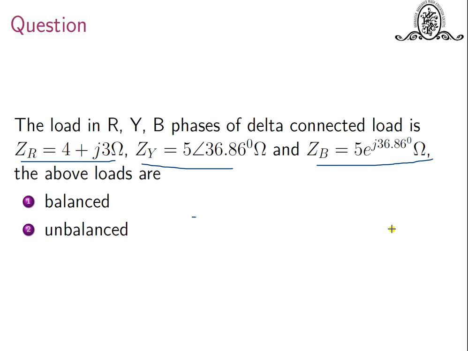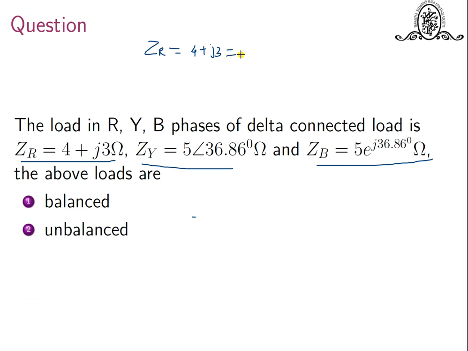Hope you have answered this question correctly. Let us check whether this load is balanced or unbalanced. What is the ZR load given? ZR load is given as 4 plus j3.